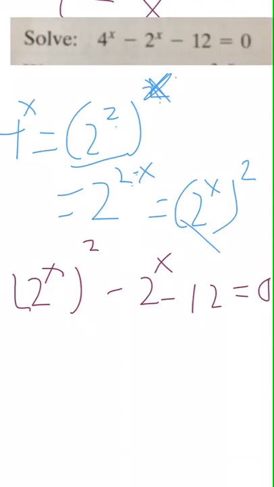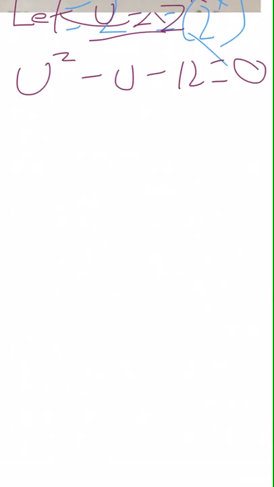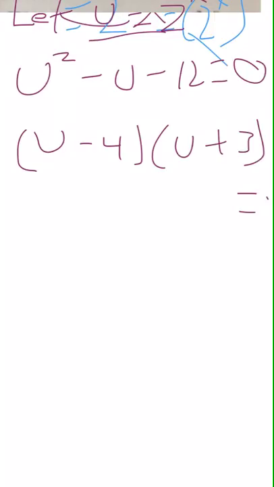So why don't we do a little bit of substitution, make it look like what we're used to. If we let u be equal to 2 raised to a power of x, we have u squared minus, instead of 2 to a power of x, we'd have u minus 12 is equal to 0. So now let's factor this down. That would be u minus 4 times u plus 3 is equal to 0, which means u is equal to 4, or u is equal to negative 3.